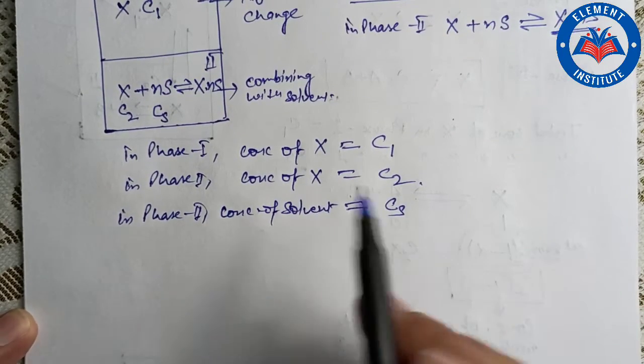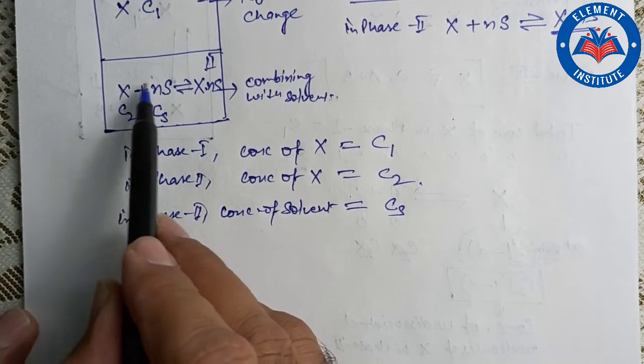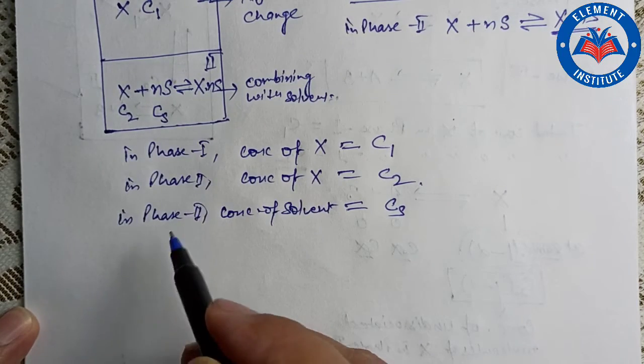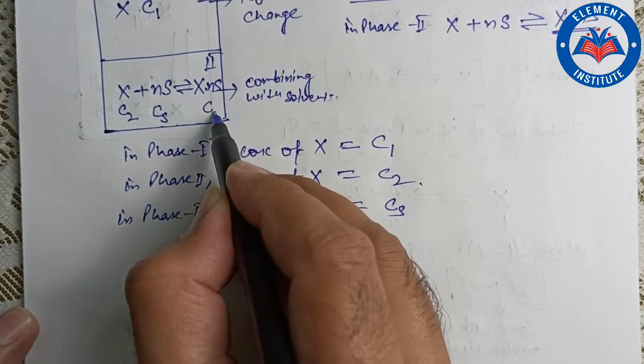Then when X combines with the solvent, what would be the concentration of this new complex? Let it be CC.